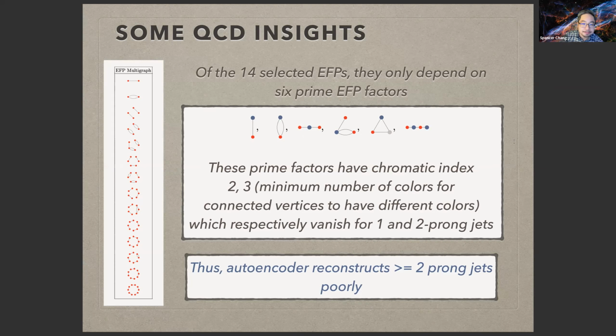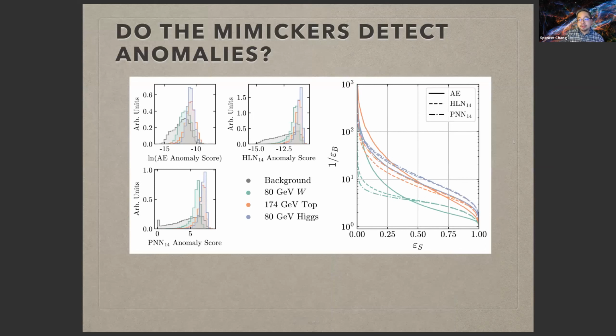Okay. So let's now move to the question that I think is the really interesting aspect of this. Do these detect anomalous events, right? Certainly the autoencoder has been designed to do that, but do they have similar performance? Here again, like we showed this plot before, the autoencoder can distinguish QCD jets from these 3 signals, right?